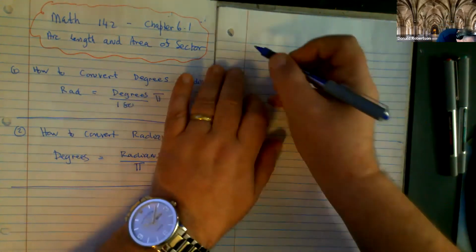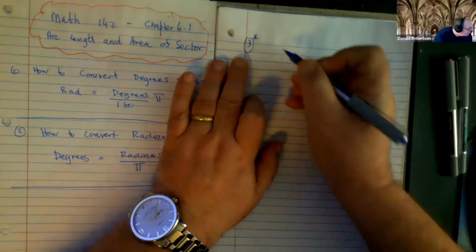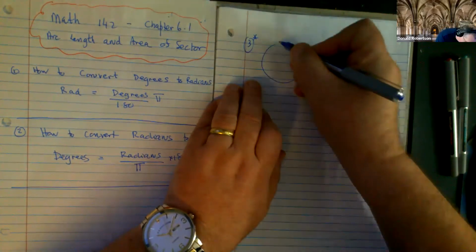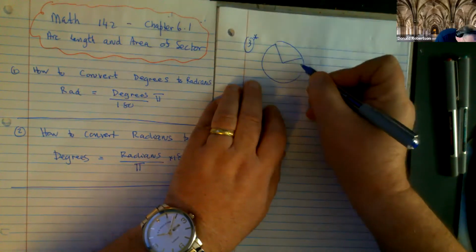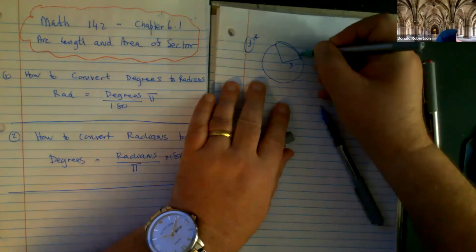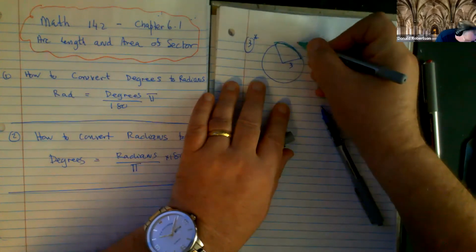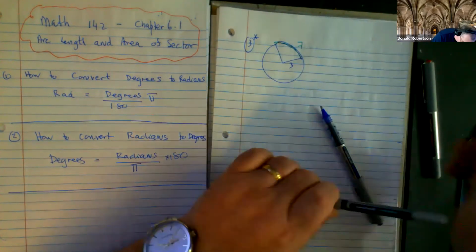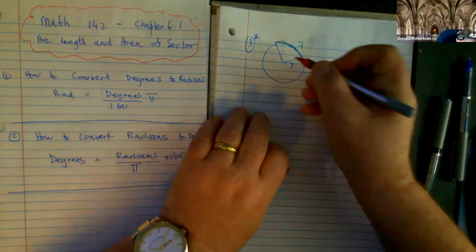So bear in mind that when a question tells you something, you have to be careful. Do they want the answer in radians or do they want it in degrees, and so on? So I'm just randomly picking a question, number 3 here. You've got a circle, you know this is 3. You know this distance here, because they tell you in the picture, is 7. And we're being asked to find theta.